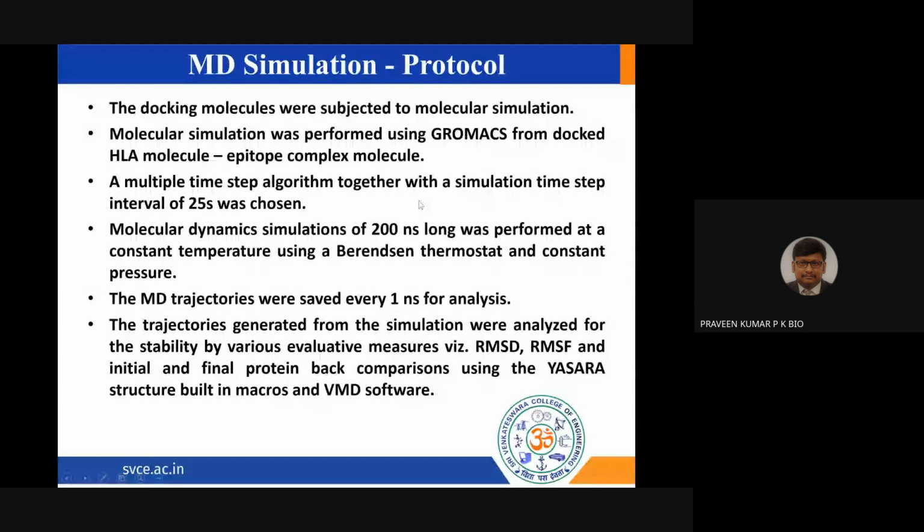This is how I ran a research paper, in which I docked a Nipah virus epitope with a human HLA molecule. For this, I used these parameters. What are the things I calculated? RMSD, root mean square deviation, root mean square fluctuation, and other parameters.